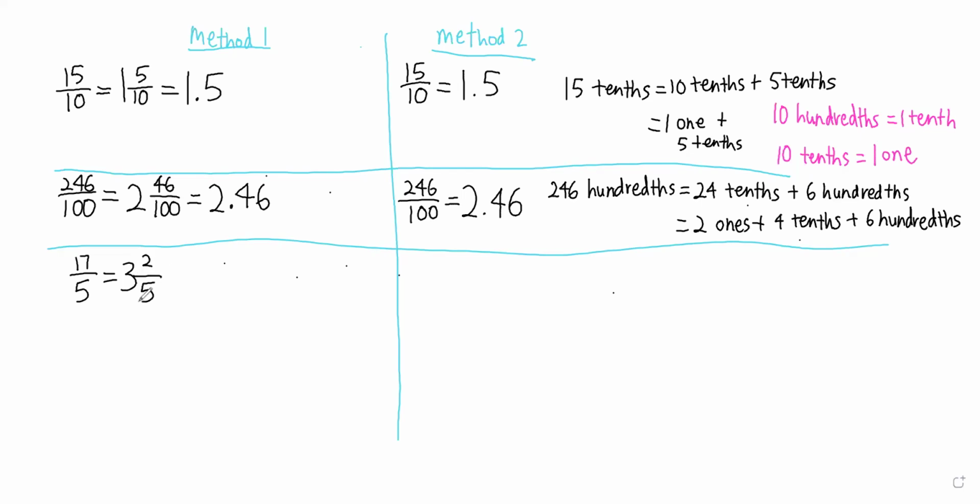Now I want to convert the fraction part into an equivalent fraction with denominator 10. To be equivalent, I need to multiply by 2 on the numerator and denominator to get 4/10. And this is 3 wholes and 4/10, which is 3 ones and 4/10.